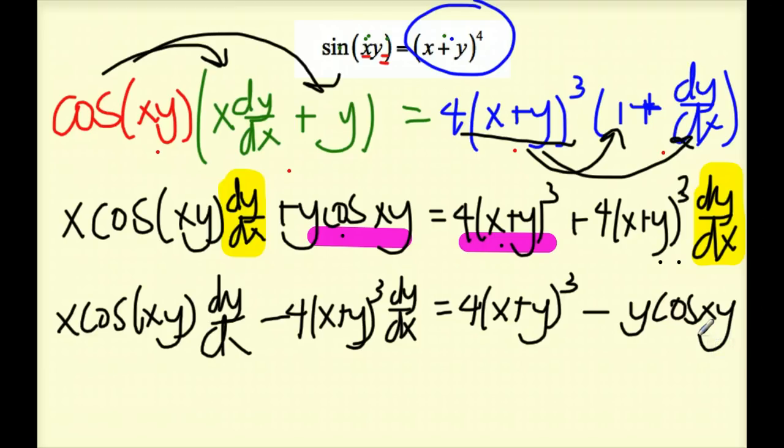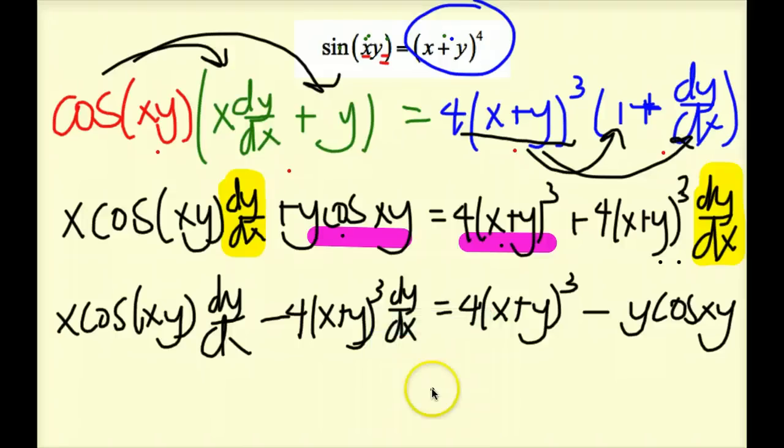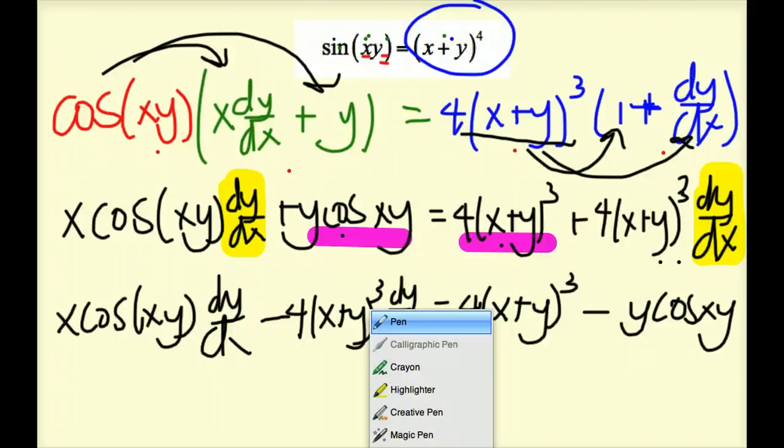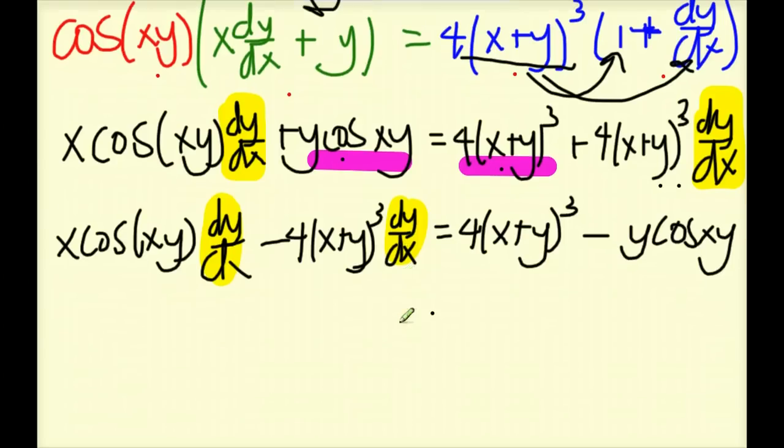So now that I have all of my dy/dx's on one side and all the other terms on the other side, I can now factor this. So once again, I want to make sure that I factor this piece right here. So let me scroll down just a little bit.